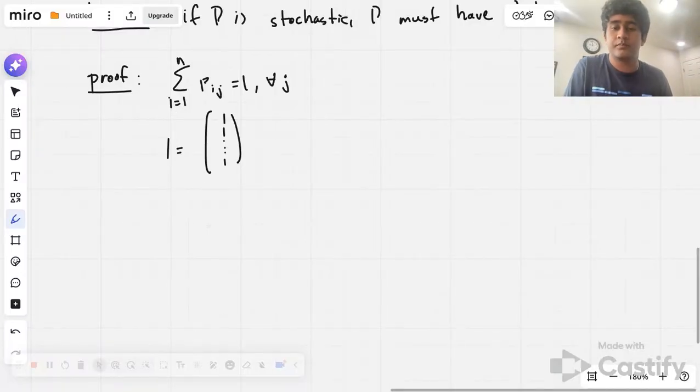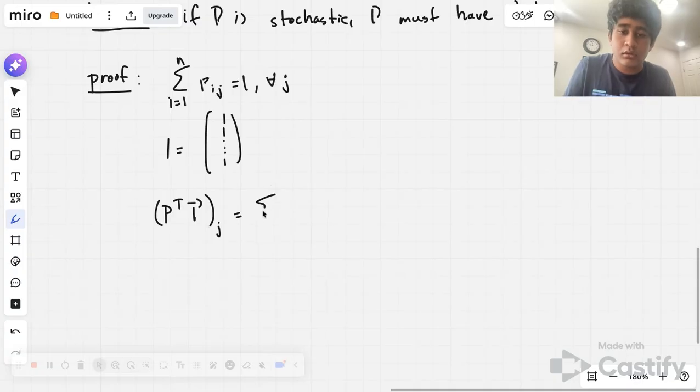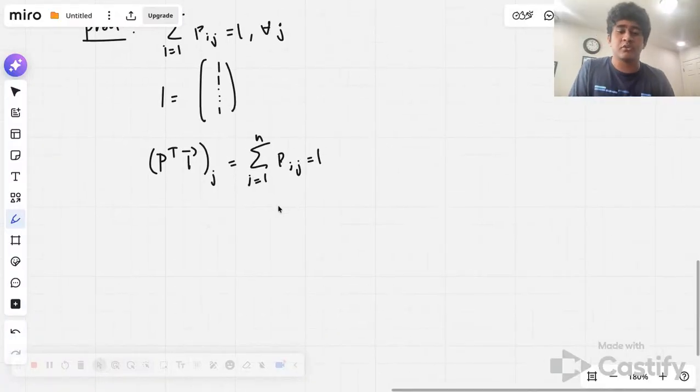So let's write this out. P transpose times the 1 vector, the jth component, is equal to the sum i equals 1 to n of P sub ij. Let me write that cleaner. So P transpose times the 1 vector is equal to 1 times the 1 vector.